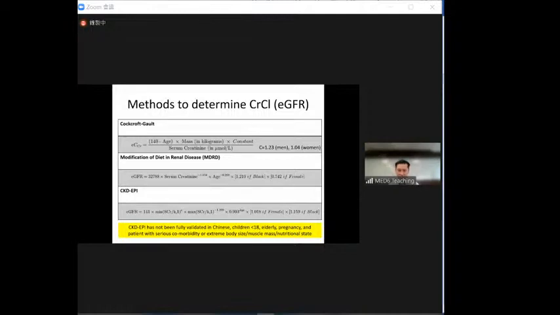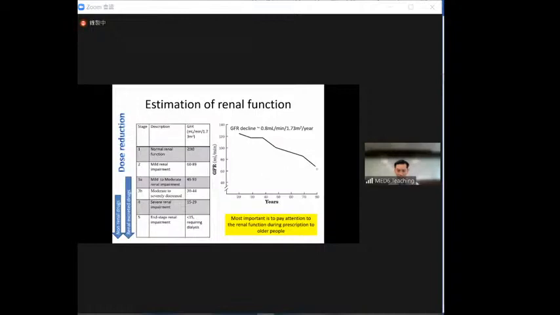As you can see, even an elderly patient of 80 years old with a normal serum creatinine level already has a GFR of 60. But why does the patient have a normal creatinine level? It's because the patient also has a decline in muscle mass, so creatinine production declines. So that's why the patient can maintain a normal serum creatinine level.